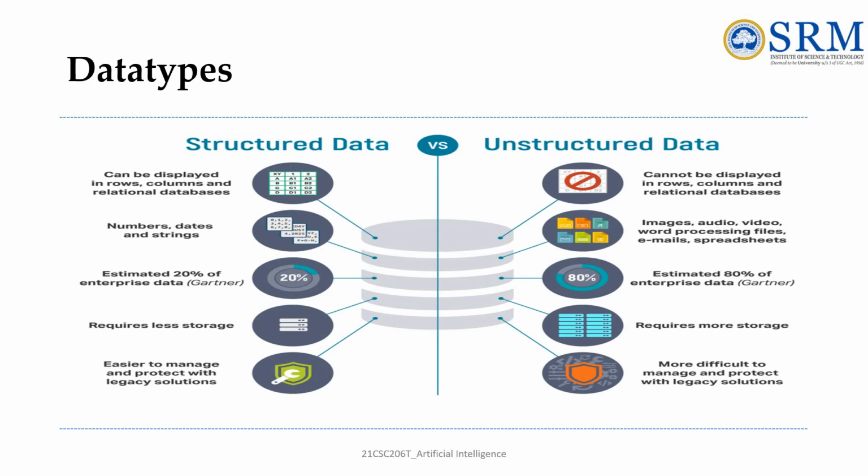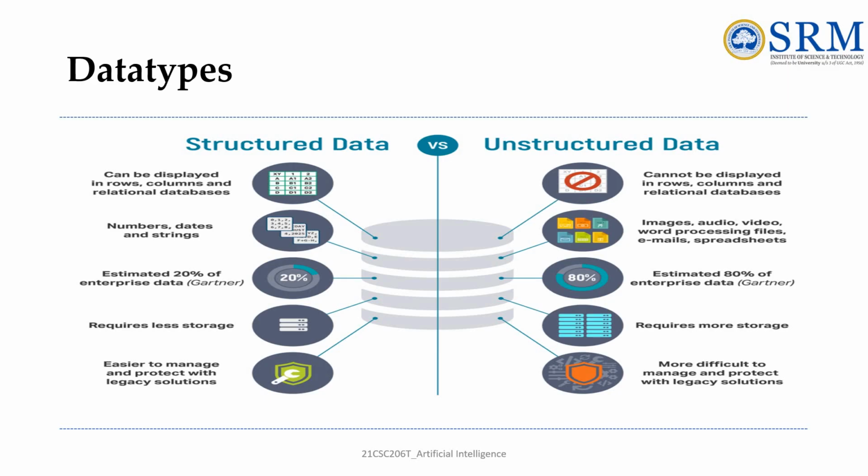Next is data types in machine learning. It has two primary forms: structured data and unstructured data. Structured data is organized in tables, that is, Excel sheets, SQL databases and the like. Each column is a feature and rows are instances. Unstructured data has no predefined format, for example, images, audio and text.